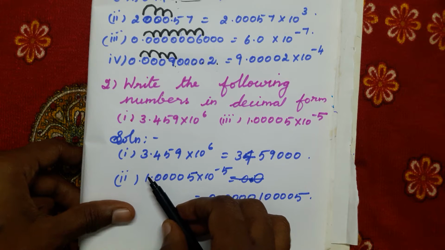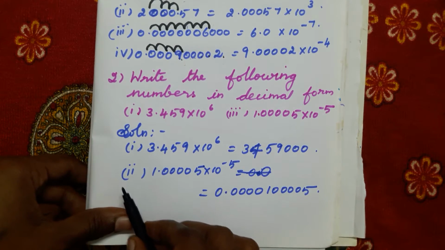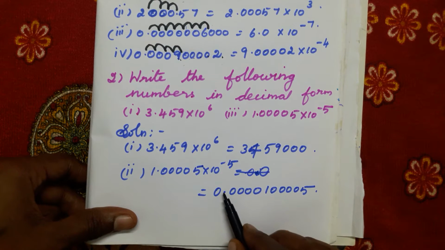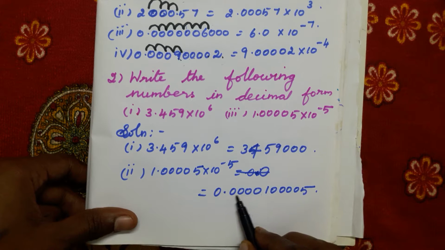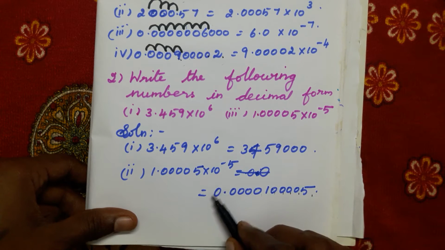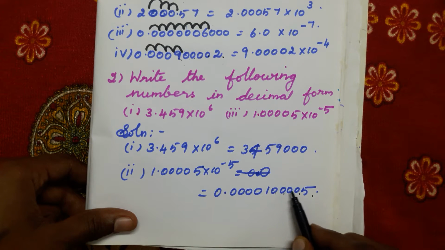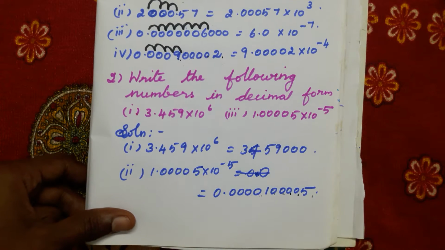Only 1 digit, but we need 5 digits, is it? So how many zeros do we have to write? After the decimal point, 4 zeros, 1 2 3 4. Next 1 0 0 0 0 5. So what's the answer? 0.0000100005 is the answer.